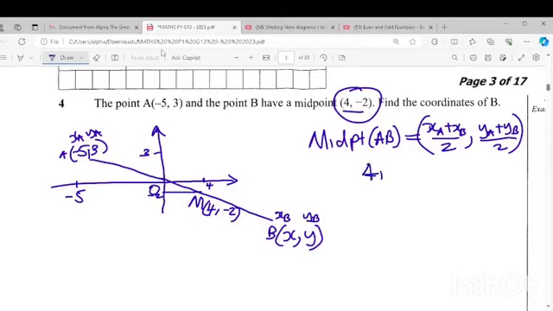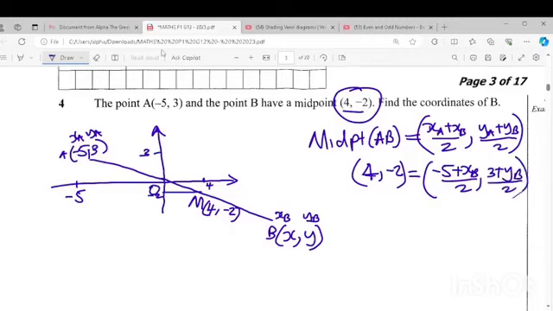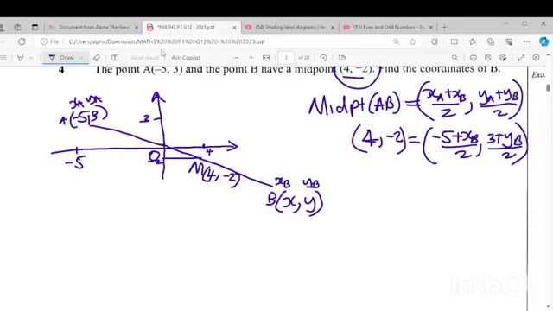Now, the midpoint we've been given is (4, -2), so we replace it here: (4, -2) is equal to x in A is -5, so we have -5 plus x in B, the one we are looking for, divided by 2, comma, y in A is 3, so 3 plus y in B, the one we are looking for, divided by 2.